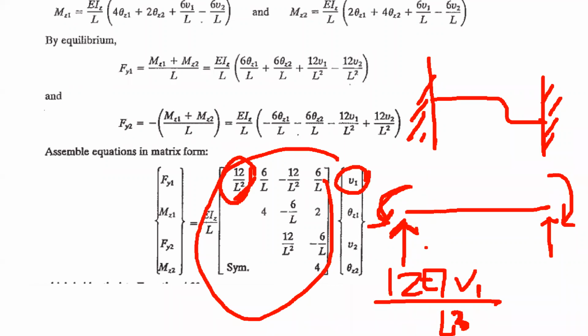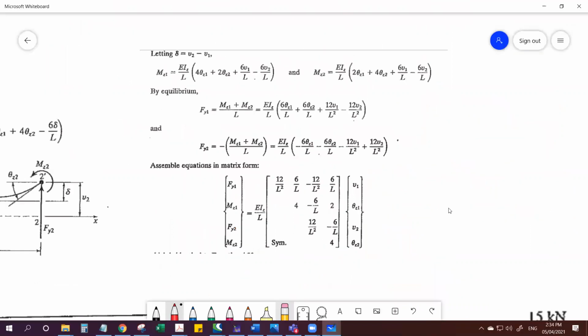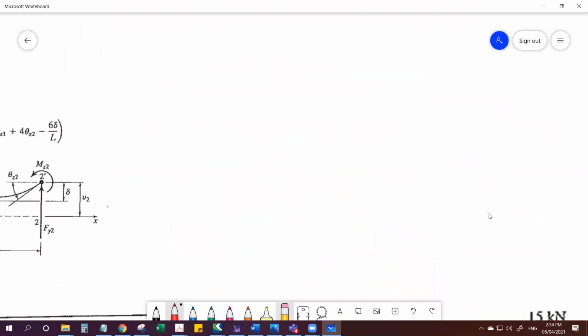Then the moment here is 6 theta z1 over L squared. Of course, on the other end, you will come up with the same numbers, just negative.